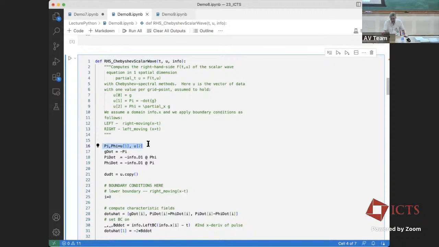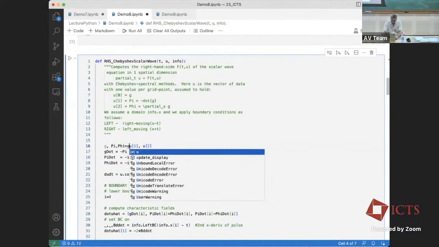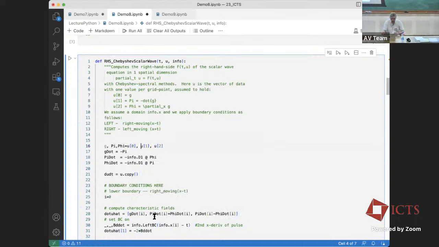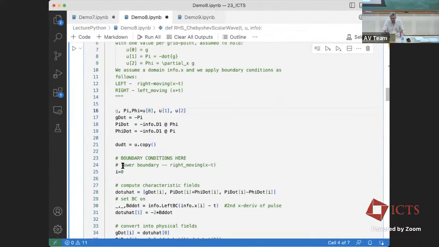I'm getting pi and phi out of the variables that are being passed in, U1 and U2. I could also get back G, but it turns out G doesn't show up in the equations, and Visual Studio Code then grays out the G here because it's not being used.